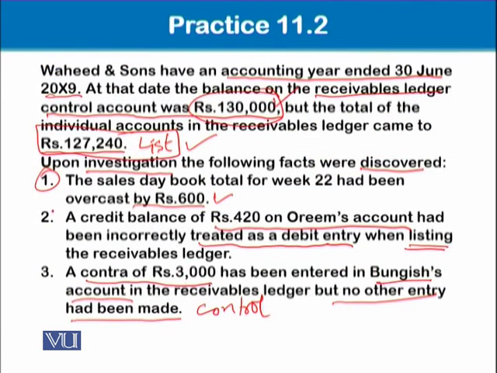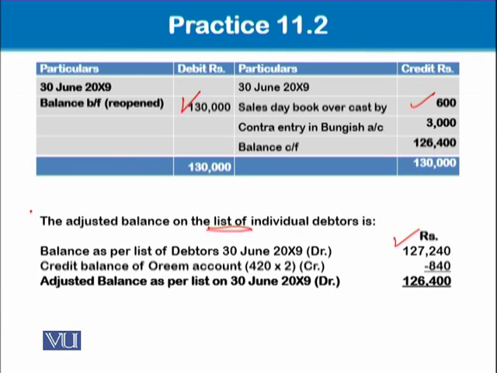The second point: a credit balance of 420 on Oreem's account had been incorrectly treated as a debit entry. This is something in which we will be adjusting our list balance only. It was a credit balance, treated as a debit balance wrongly. So we have to put a double effect on it.